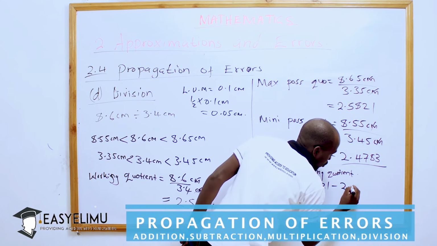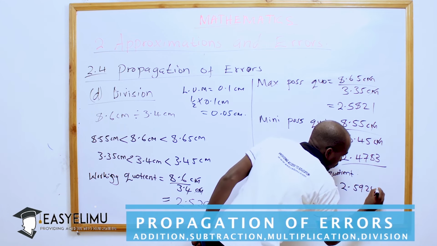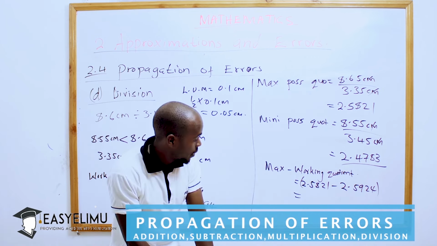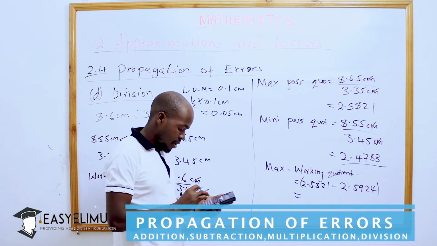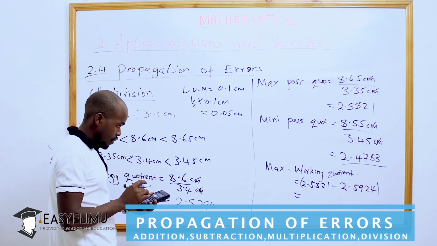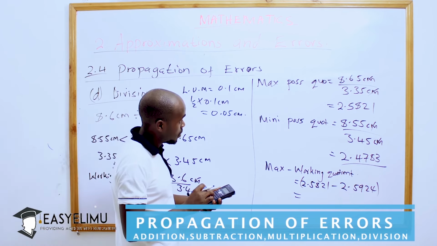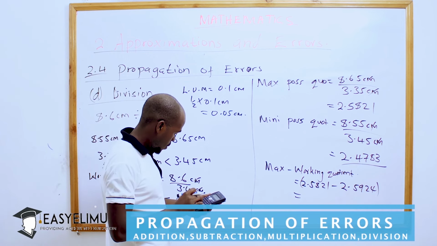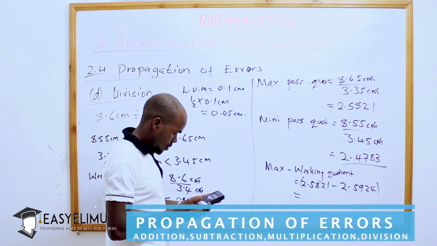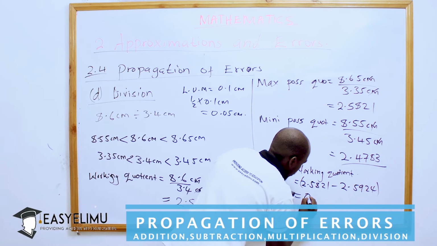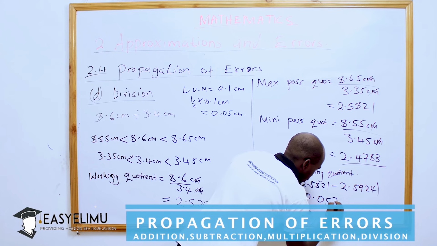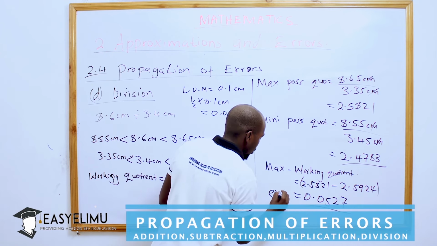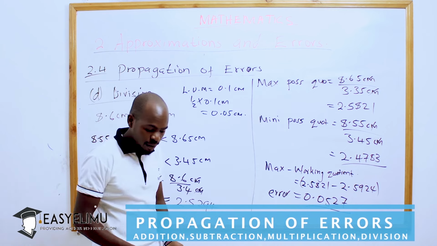So we shall subtract, and we shall get the error that occurred. We are going to get it as 0.0527. This is the error that occurred between the working and maximum.